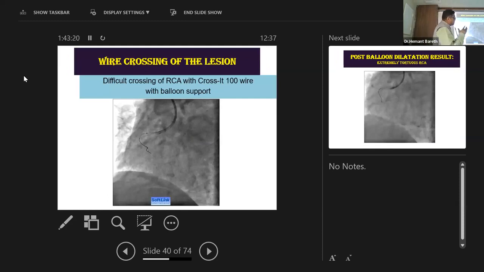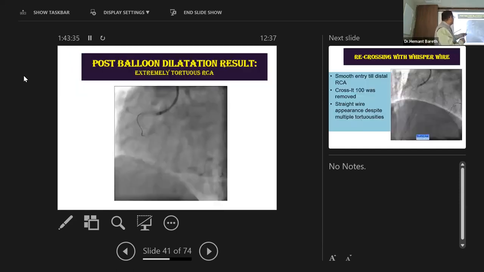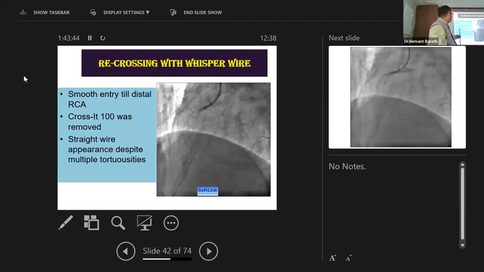So again, a balanced or medium support wire was used, Prof 100, which is a medium support wire. And even then, while I tried to cross, the vessel was straightened and the balloon was being put. It was a little difficult, but after dilatation it can be done even on this kind of appearance.